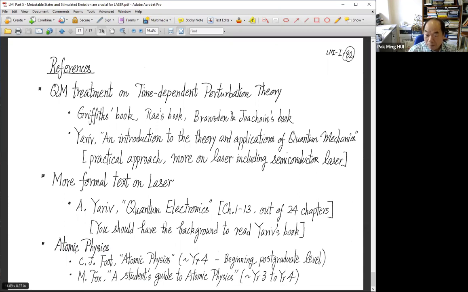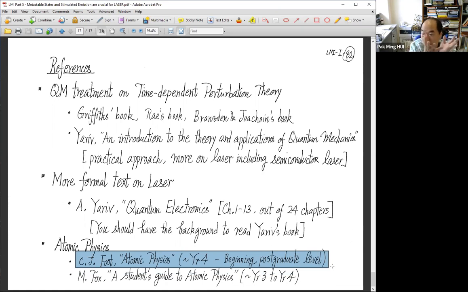And if you want to go to the master level, beginning postgraduate level, this book by Christopher Foot is a standard beginning-level specialized atomic physics book, including some discussion on ultracold atoms, how to cool down atoms to nano Kelvin. Okay, the thing that Professor Wang Dajun is doing in our lab. Okay, nano Kelvin, 10 to the minus 9. And this is a new development. That's why AMO suddenly became very hot in recent years. If you want to learn more, these two books will be a good starting point.